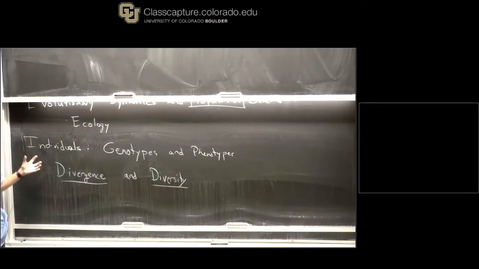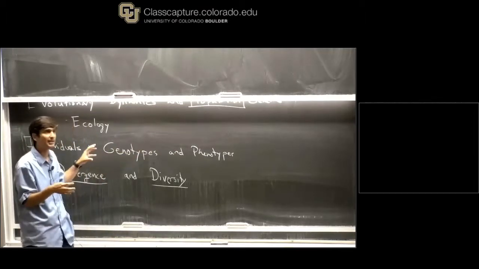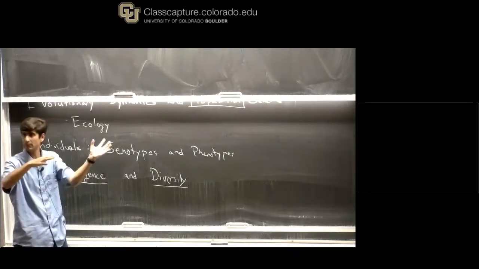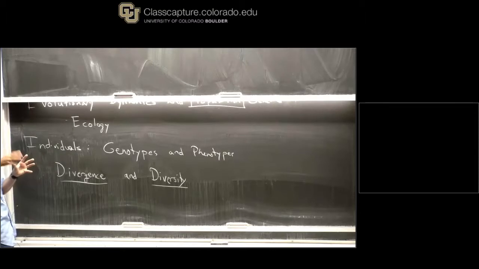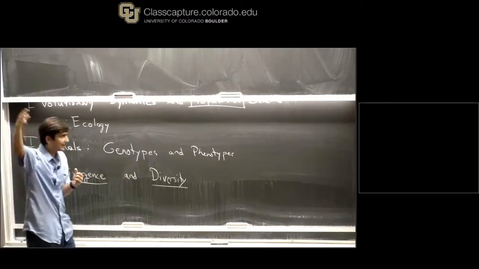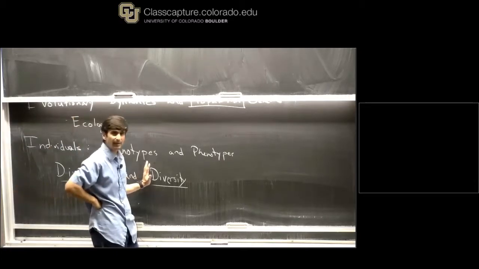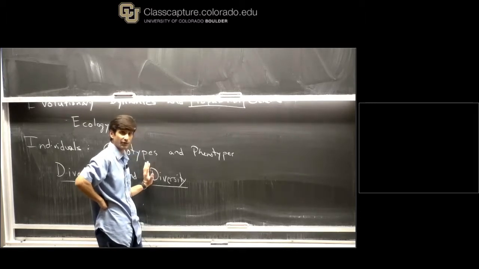So divergence basically describes long-term evolutionary change, right? How does this cloud of genotypes and phenotypes that exists within the population, how does its center of mass move over time, if you like? How do you accumulate what we call fixed mutations that in the long term everyone has? So that's divergence. And then diversity is something about the internal statistics of this cloud of genotypes.